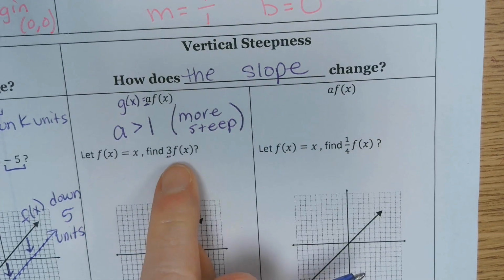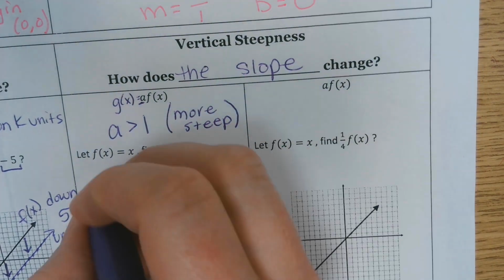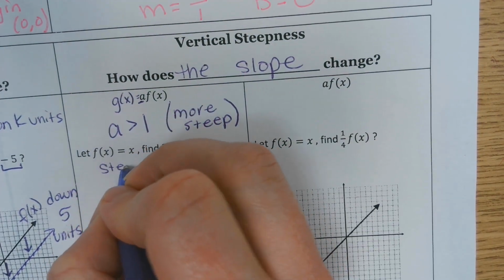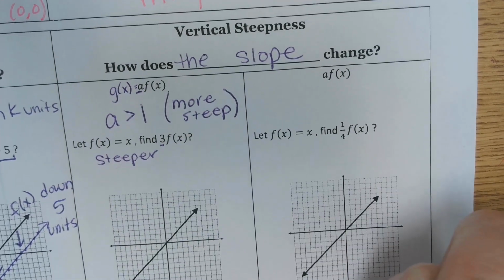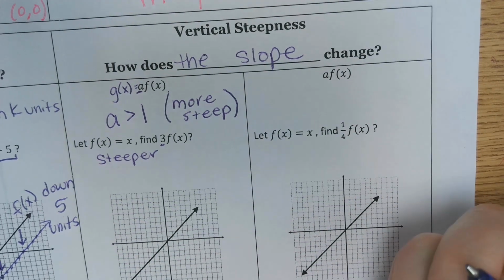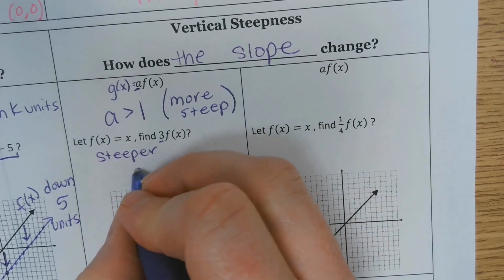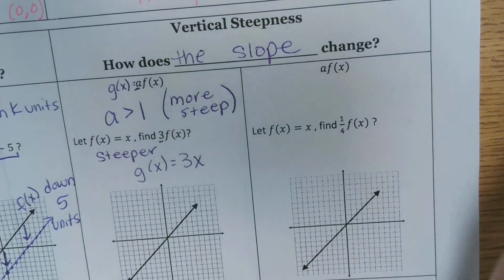Like this one is 3f of x, so it's going to be steeper by a factor of 3. I'm just going to put steeper, but you know 3 determines the factor. So g of x is going to end up being 3x.